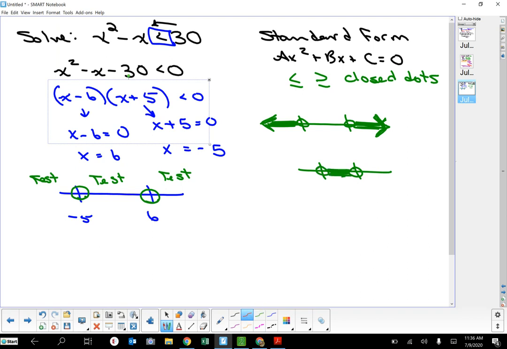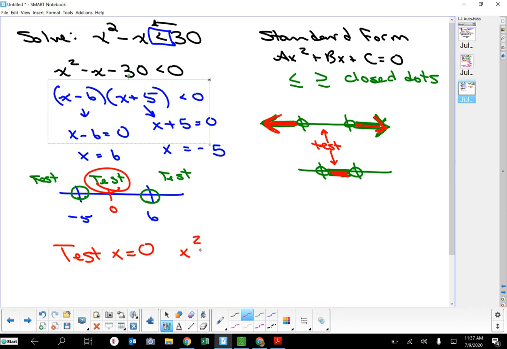So you could actually do a little shortcut and only test the middle section, because if it doesn't work for the middle, then you know that the outer ones are the ones that you're going to shade in. And if it does work, then you know you're shading in the middle part. So let's just test a number in between -5 and 6. And I like to test 0 if I can, because that's so easy. So I'm going to test x equals 0.